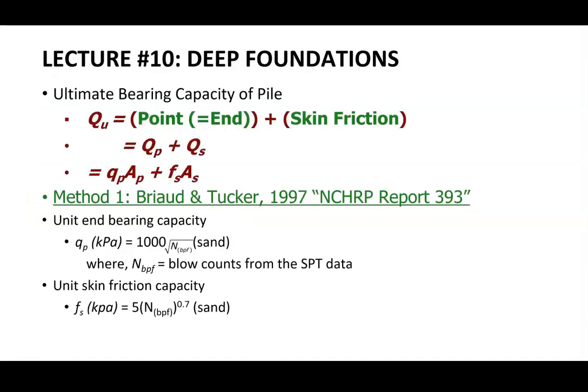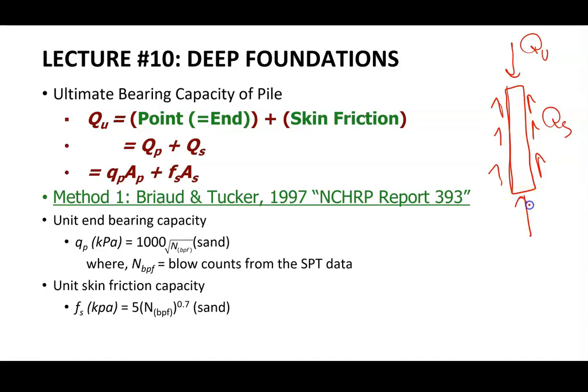And then we talked about how to calculate ultimate bearing force in a pile. We said that the ultimate bearing force is the total of skin friction force and end or point force.